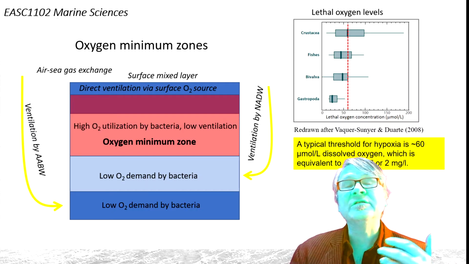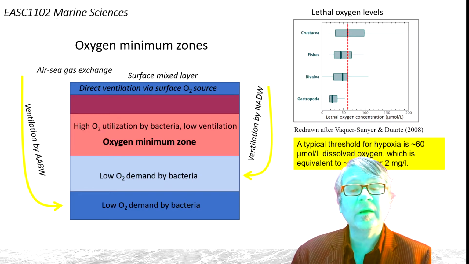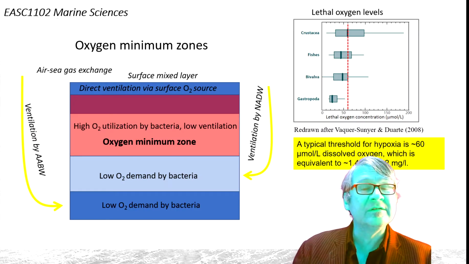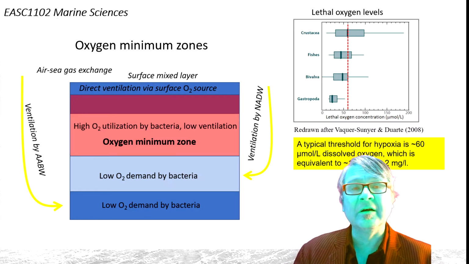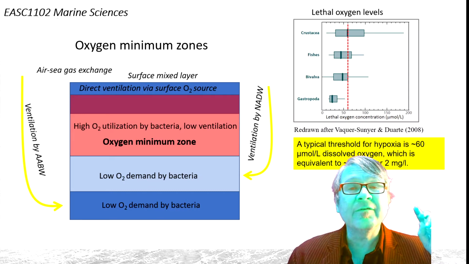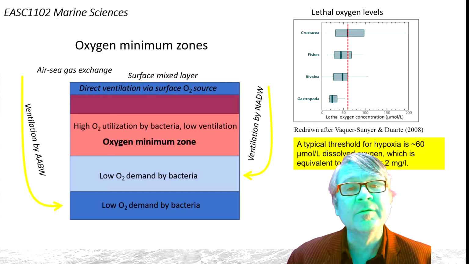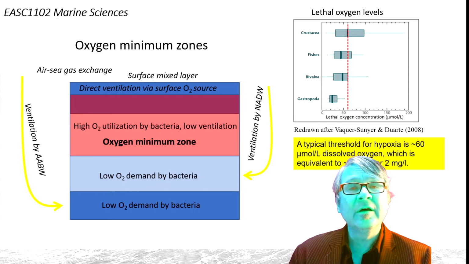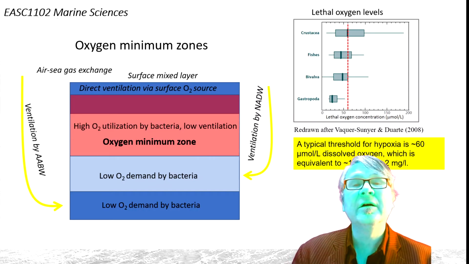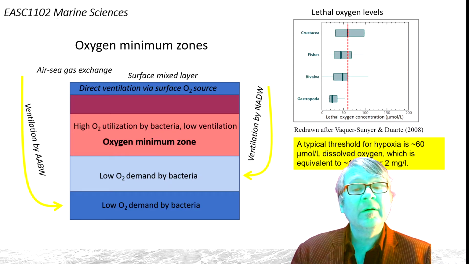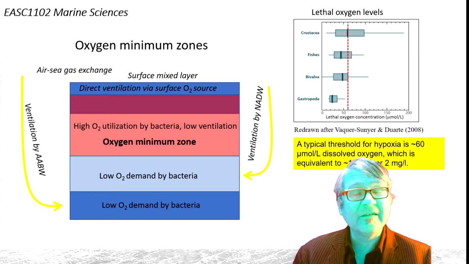In the deep oceans, there is no light and there is little production, which means there is a low oxygen demand by bacteria, so the dissolved oxygen concentration can remain at high levels. So we have a maximum near the surface that I already explained, and near the bottom, and between this region is a zone which first of all has a high oxygen utilization by bacteria, and also has a low ventilation by currents.